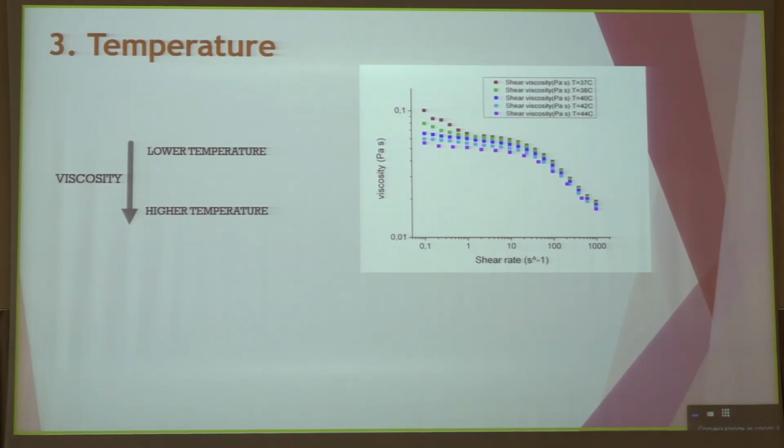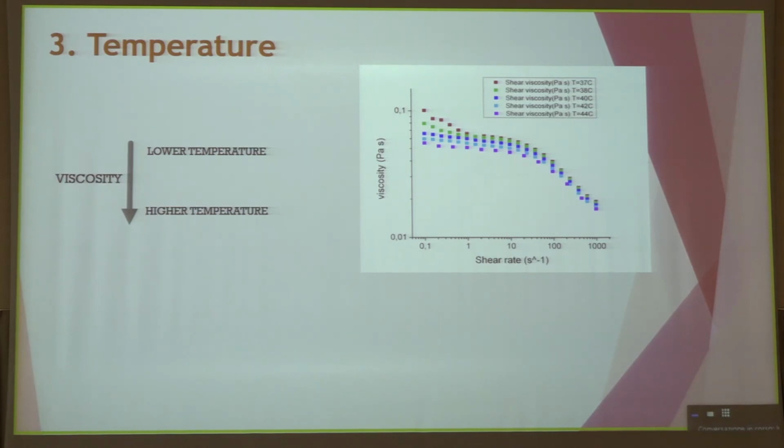So 37 is the physiological temperature, and in a manual treatment we have an increase of 2-3 degrees of temperature, so we choose this range of temperature up to 44 degrees.